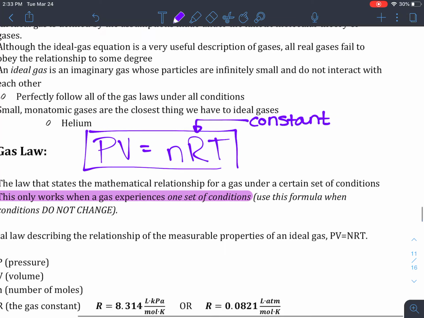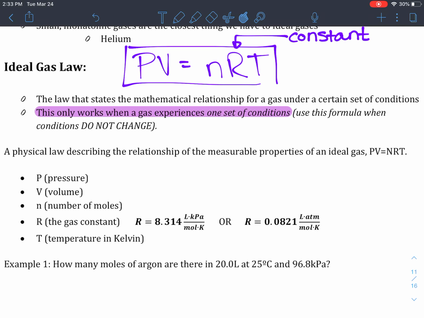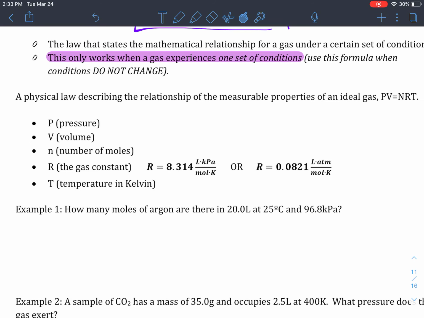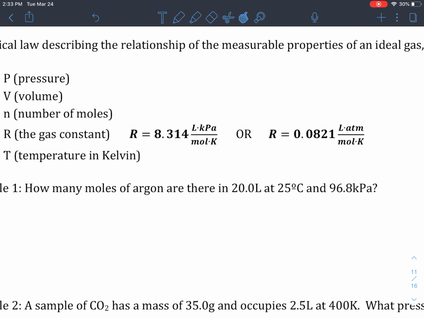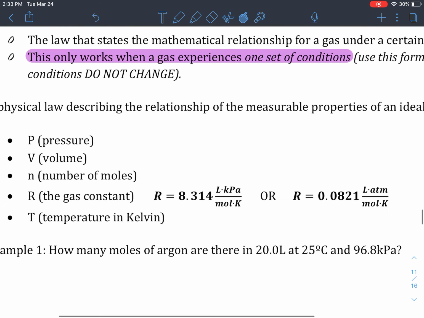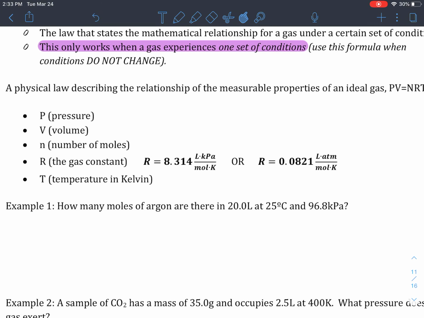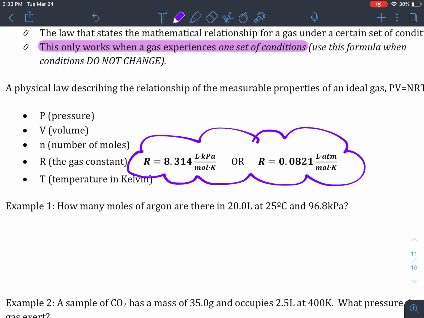R is a constant, and there are lots of different numbers depending on the units that scientists use for pressure when they're using the ideal gas law. But for us, these are really the two R constants that we are going to use.